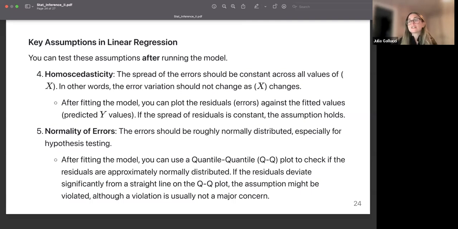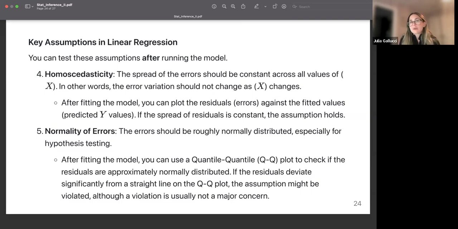This means that the variability of the residuals shouldn't change too much as the value of X increases or decreases. For example, after fitting a model, you plot the residuals, so you plot the errors against the predicted values of Y. If the spread of the residuals looks roughly the same, with no specific patterns, this would mean that the assumption of homoscedasticity holds true.